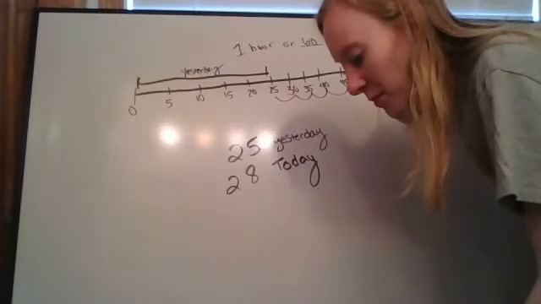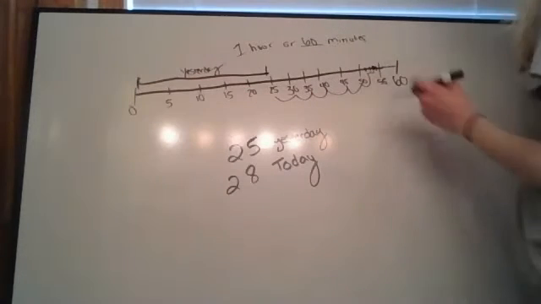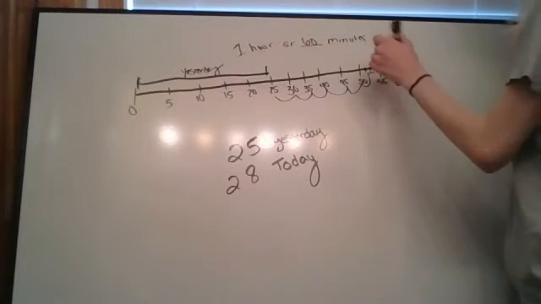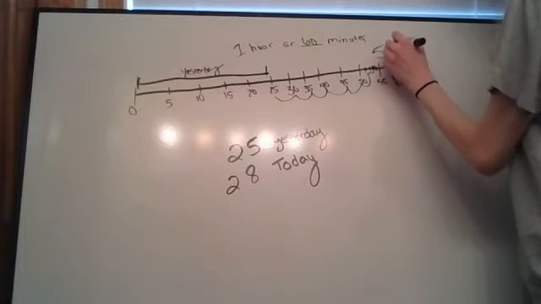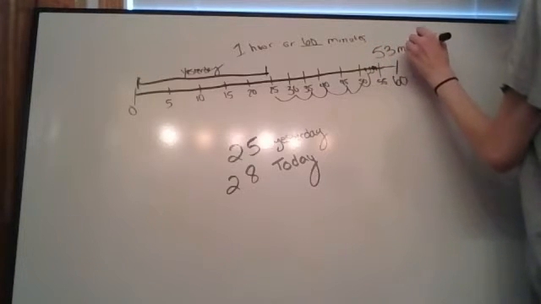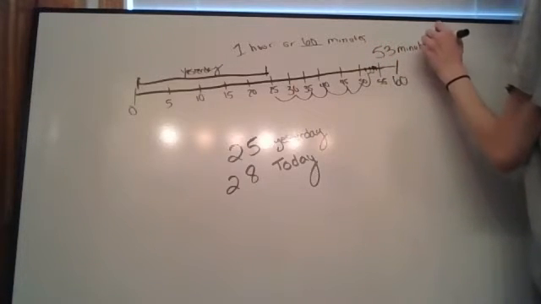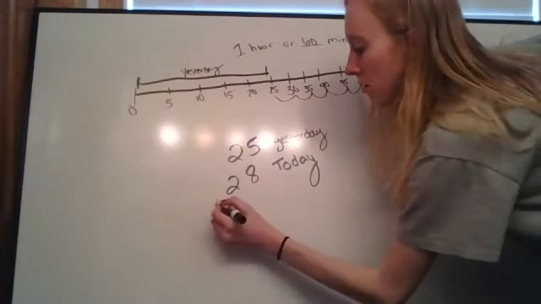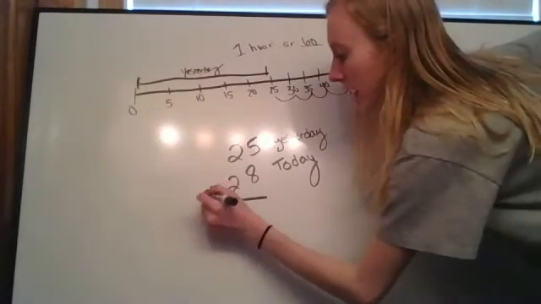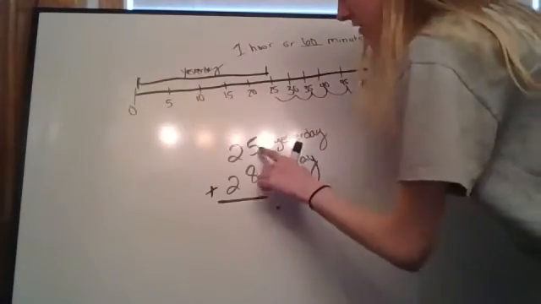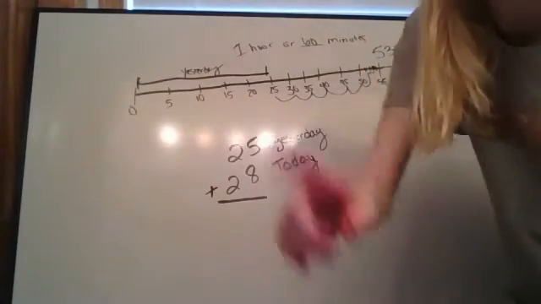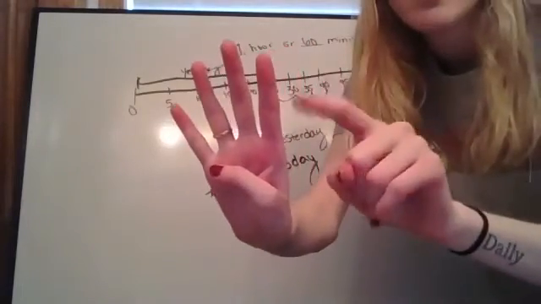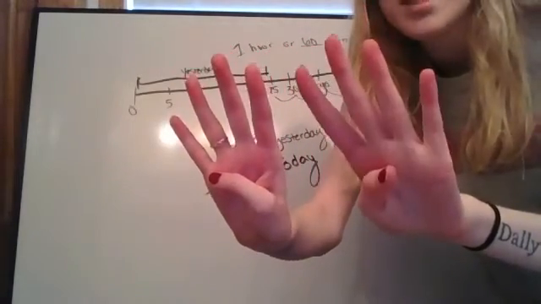So the question is, how many minutes did Cole read altogether? If you look, we're at 50, 51, 52, 53. Up here I have 53 minutes, the total amount of minutes that he read. We can double check that by adding these 2 numbers together. 5 plus 8, 5, 6, 7, 8, 9, 10, 11, 12, 13.